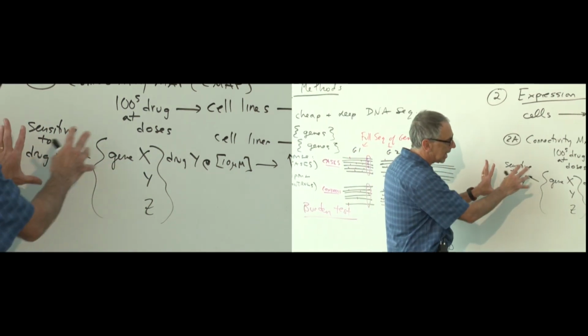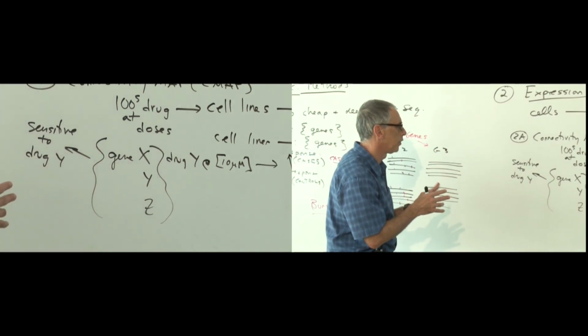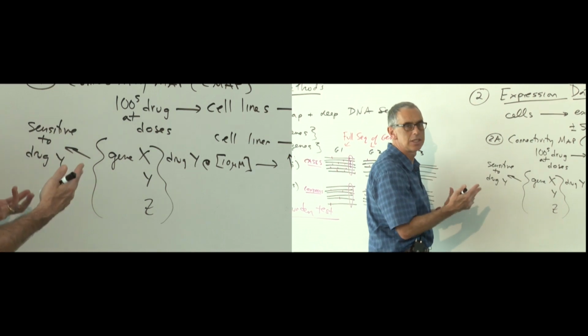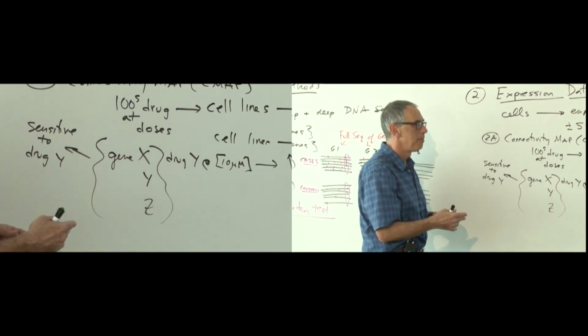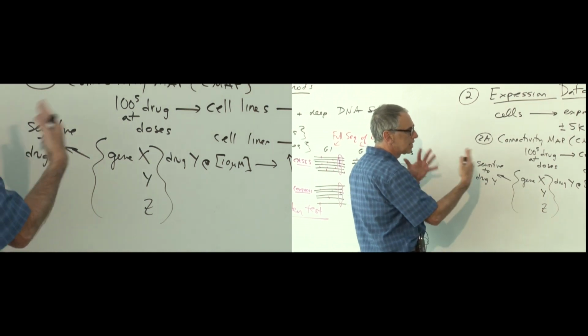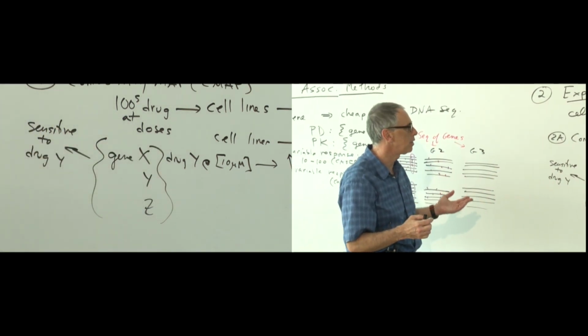So this is like a second-order effect of the drug, but it's incredibly useful for understanding how the drug changes the state of the cell. Because there's the direct effect of the drug on its target, but then there's the secondary effects on the overall gene expression. So how can we use this?